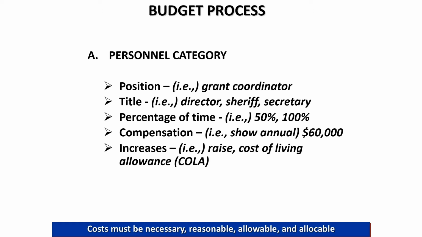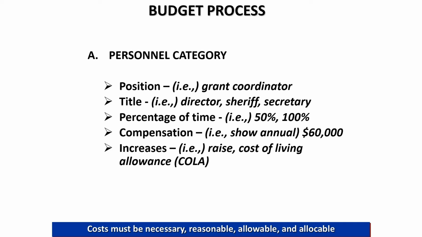So again, titles, whether we're talking about a director, sheriff, or whatever that particular title is, you want to reflect that, and then the percentage of time that these individuals will be working on a grant program. We normally like to see the compensation shown as an annual salary based on the percentage of time that the individual will be working on the grant program.